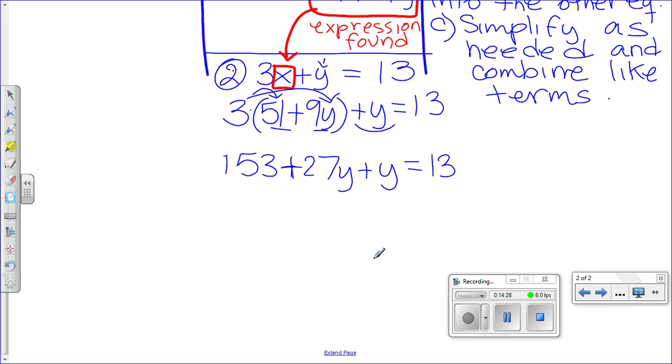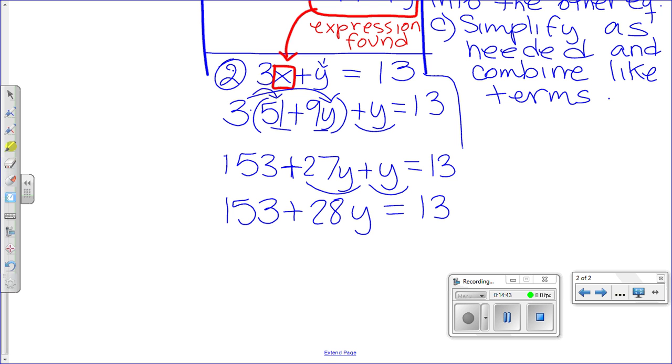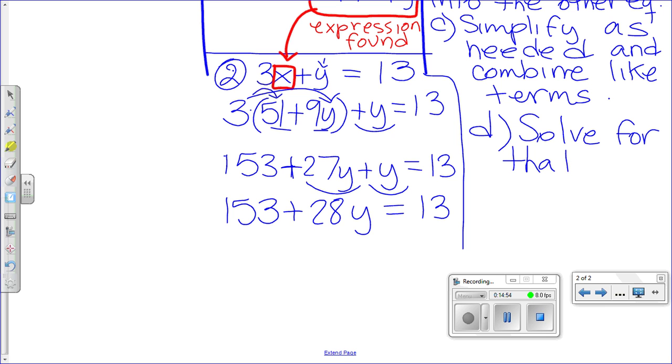Okay, so here the like terms will be 27y plus y. We know that is equal to 28y. And now once we have simplified that, we're going to solve for that variable.